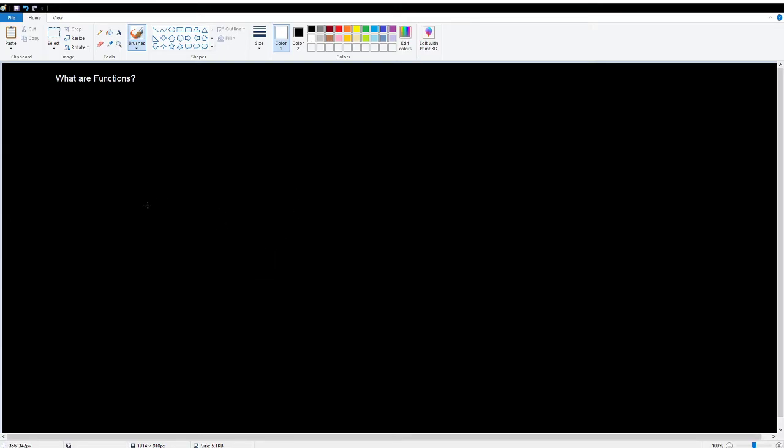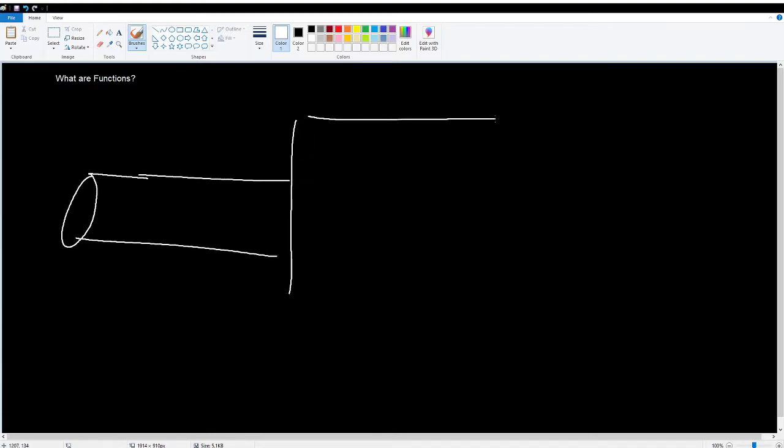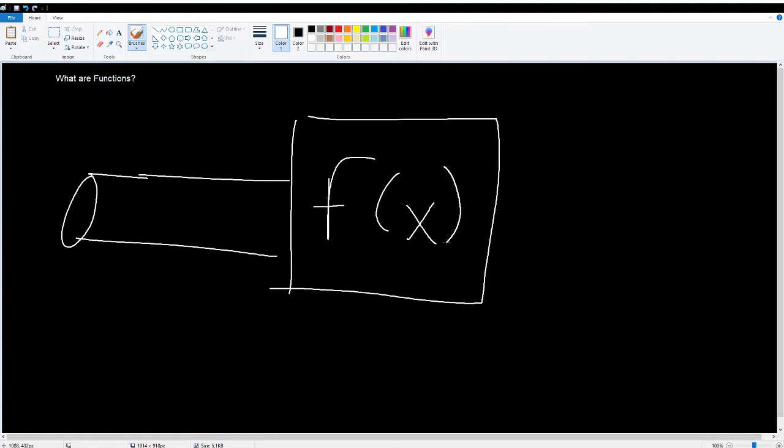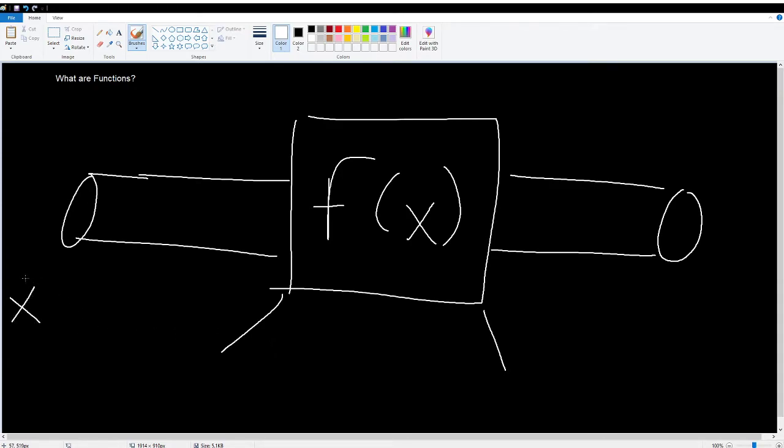So one way I think about functions is I think of a machine. Imagine you're in a factory, so let's call this function. You have an input. Input by default is usually x, at least if you're dealing with two-dimensional.